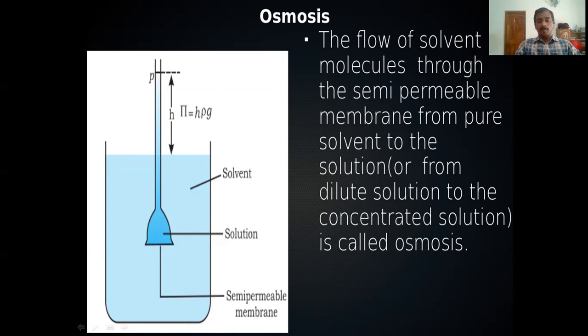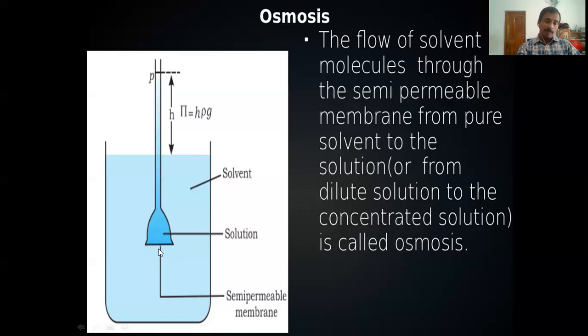Here in the picture, you can see in this funnel, a solution is kept and it is immersed in pure solvent. Then what will happen? Solvent will enter into this funnel, and the mouth of the funnel is covered with a semi-permeable membrane.